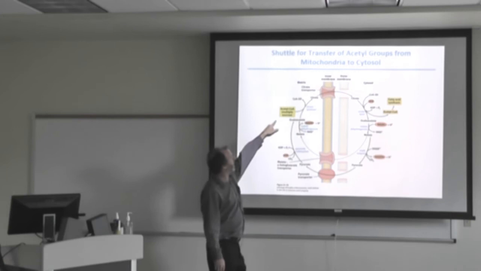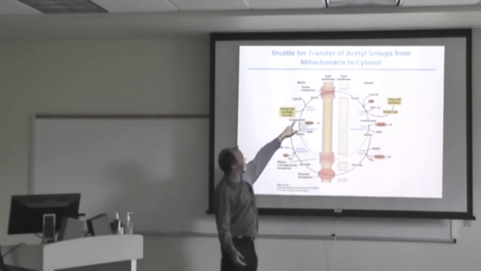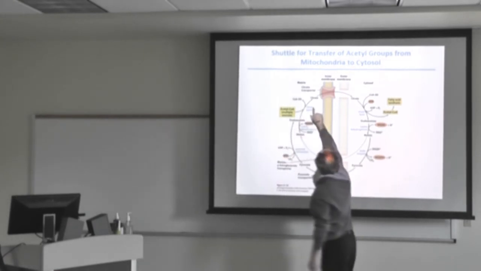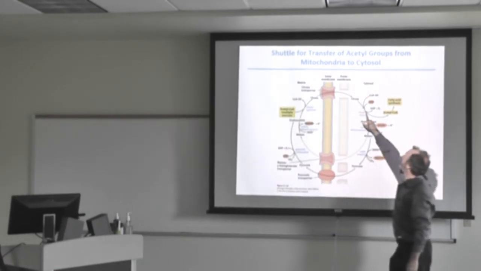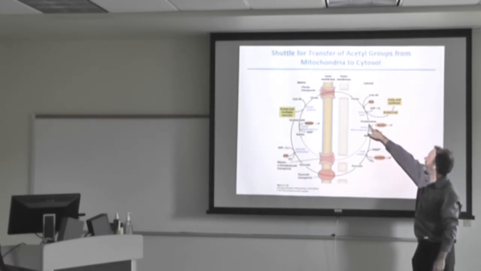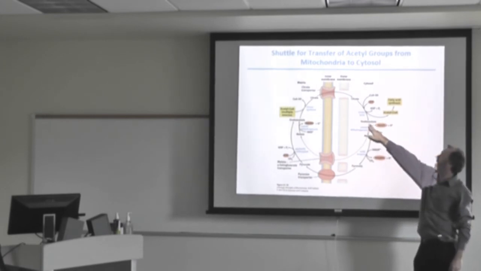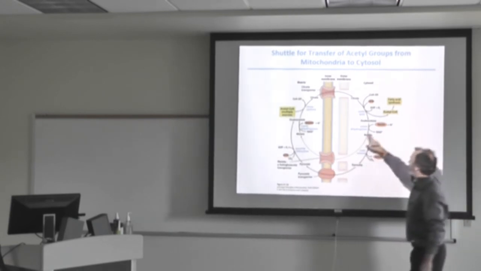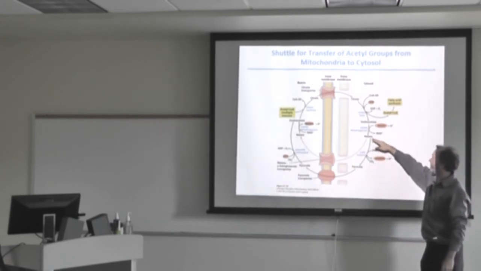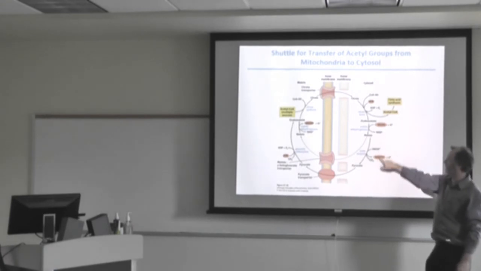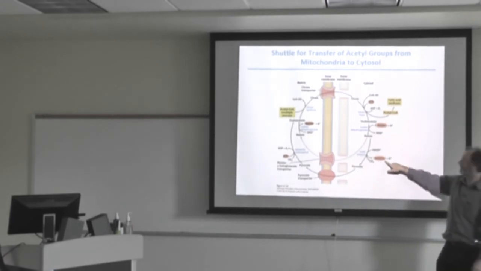So acetyl-CoA can come from multiple sources. Citrate synthase will convert acetyl-CoA and oxaloacetate to citrate. It can be transported out into the cytosol. The citrate can be stripped of that acetyl-CoA and we produce oxaloacetate again. That requires ATP. Then oxaloacetate can be reduced to malate and transported back, or malic enzyme can further oxidize it, and you regenerate that NADPH, which you'll need, right, for fatty acid synthesis.